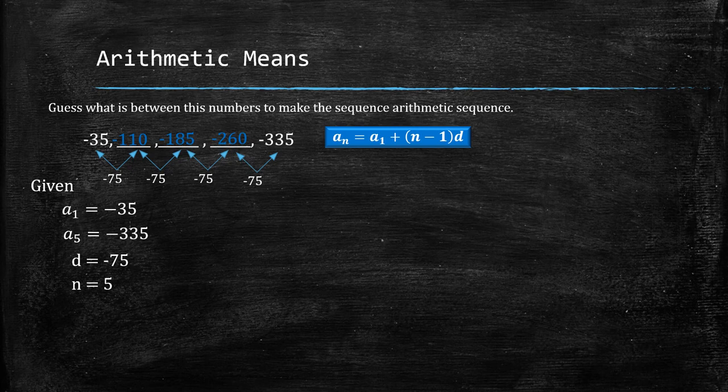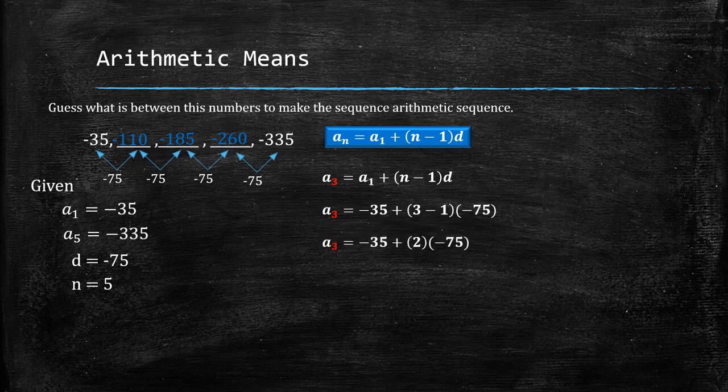Okay, if you want to solve for a term to check, let's say for example, atong i-solve ang third term. Okay? So we need negative 35 as first term, then n is 3, and d is negative 75. Tan-awa na kung tama ang third term na negative 185. So 3 minus 1, that is 2, times negative 75, that is negative 150.